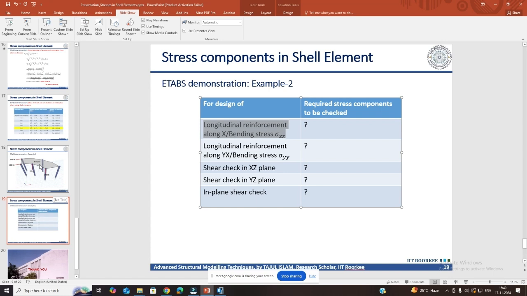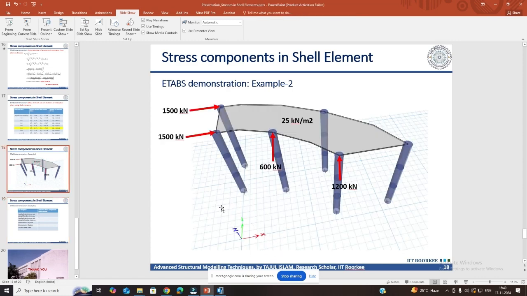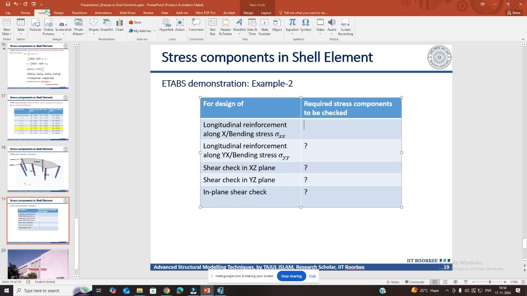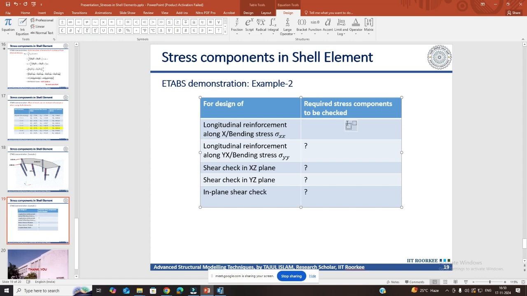S22. See, this is my axis system. Consider this axis and tell me which stress component should be checked. Can I say it is sigma 1-1?